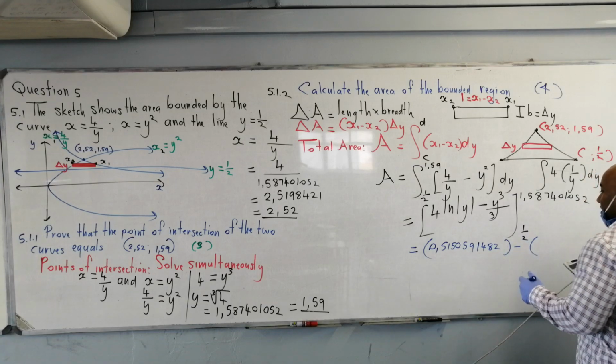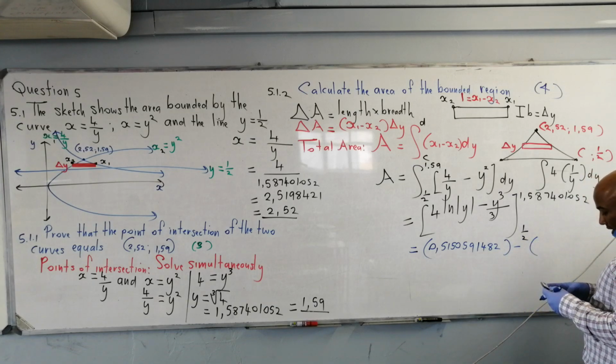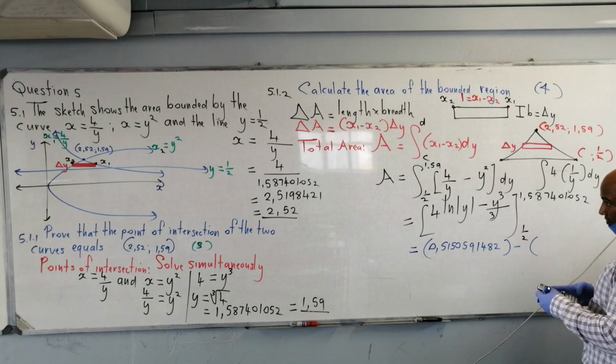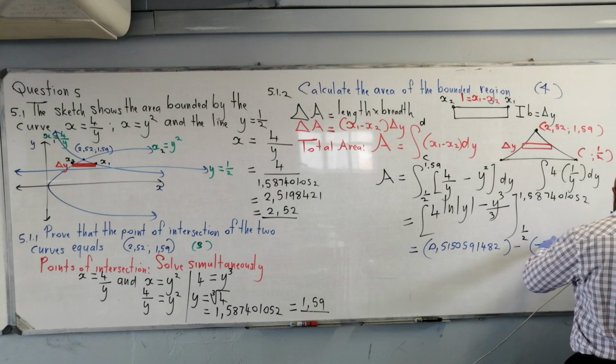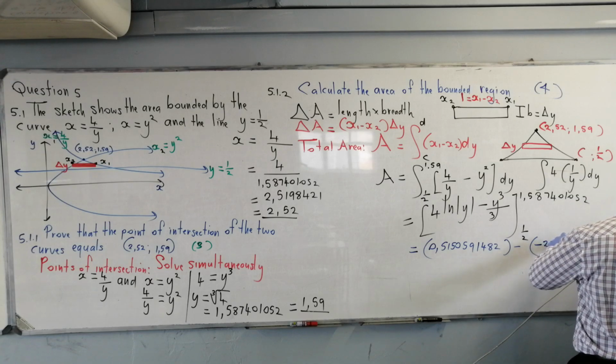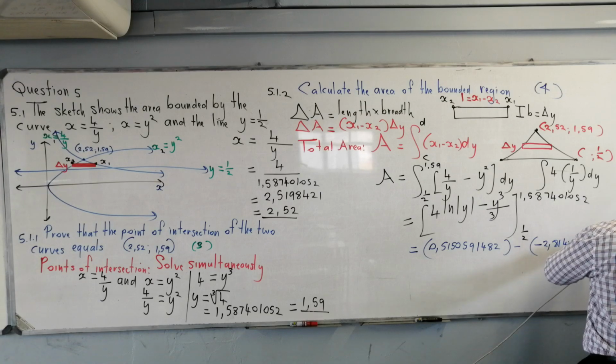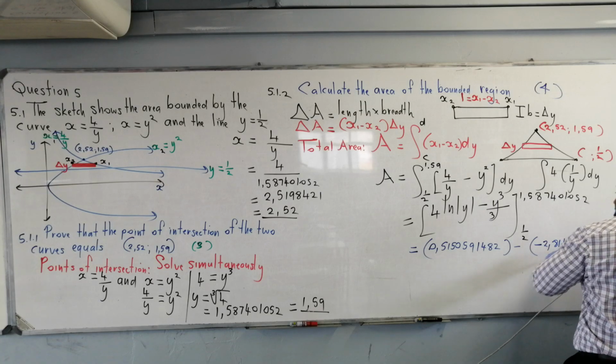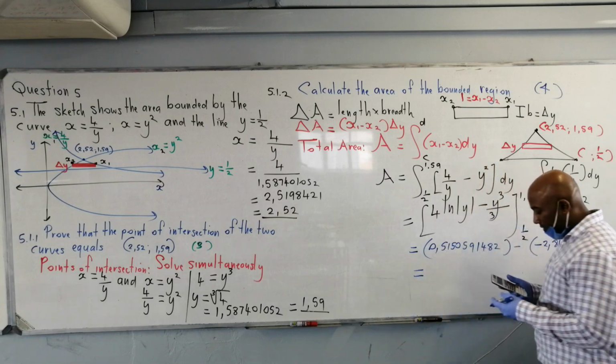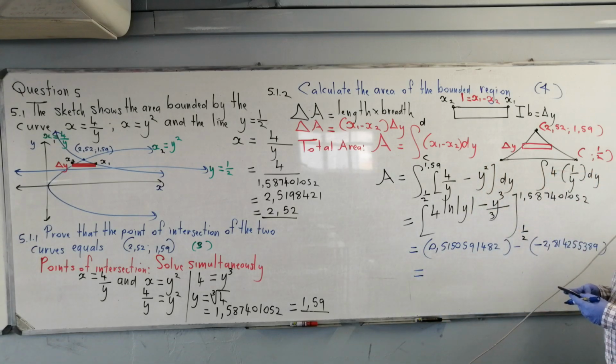Then substitute the lower limit, which is 0,5, and you get minus 2,814,255,389.